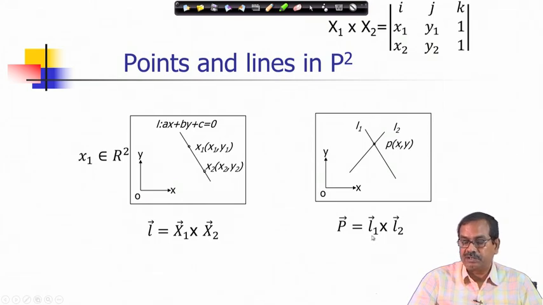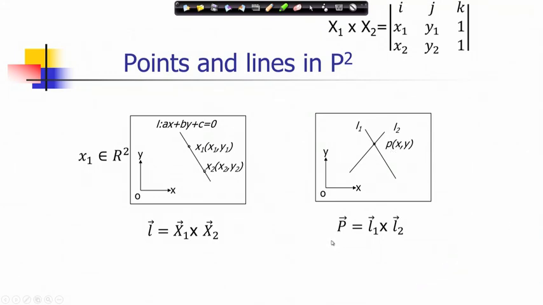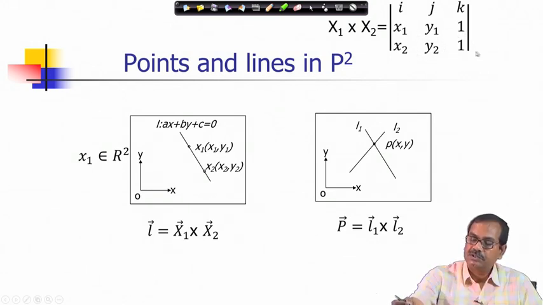Here it is a cross product of these 2 lines represented in projective form, and then we get the corresponding intersection point, also represented in the homogeneous coordinate system, as an element of the projective space. Here you should note how the cross product of 2 vectors is defined. This is the usual mathematics that we learned in our school book.